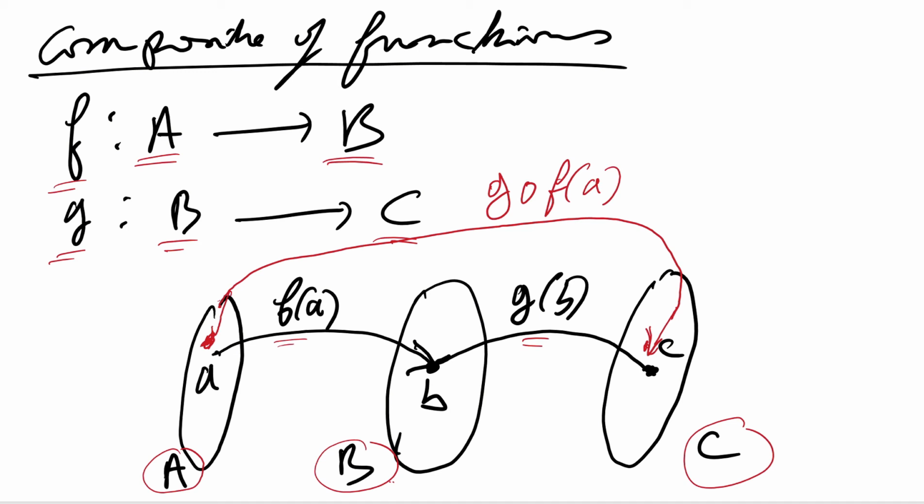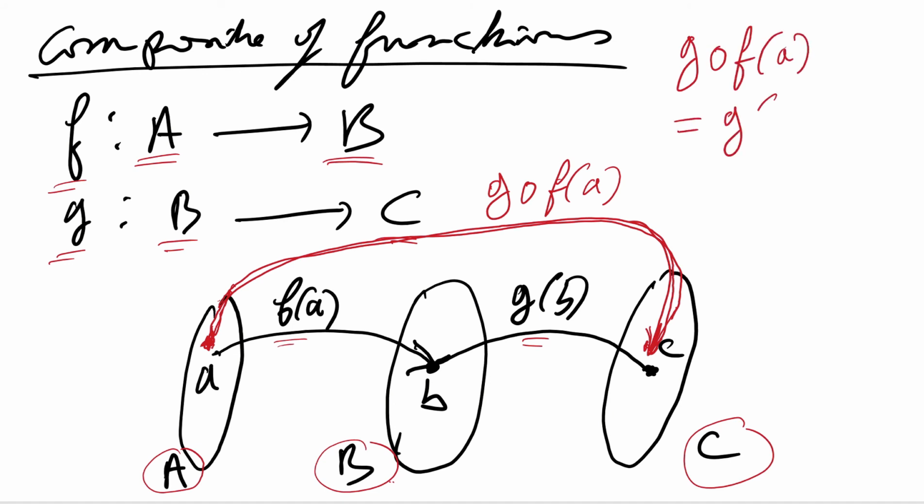This is the same notation as g of f of a. And to see that g∘f of a gives you the c that we are looking for, if I replace f of a, we saw that f of a gives us b.